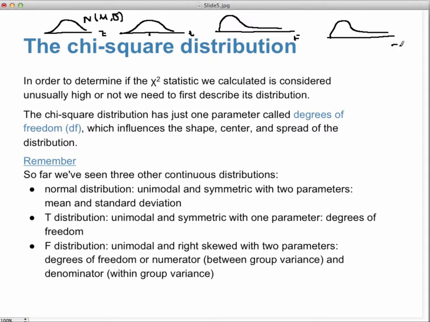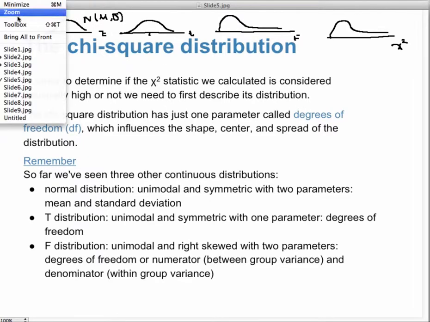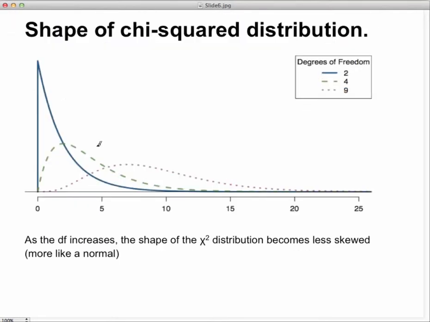And what we would see is that the distribution of those observed chi-squared values would be skewed right. In all cases they're unimodal, but both the F and the chi-squared are skewed to the right. As with the t distribution and the F distribution, the shape of our chi-square distribution is based upon the degrees of freedom.